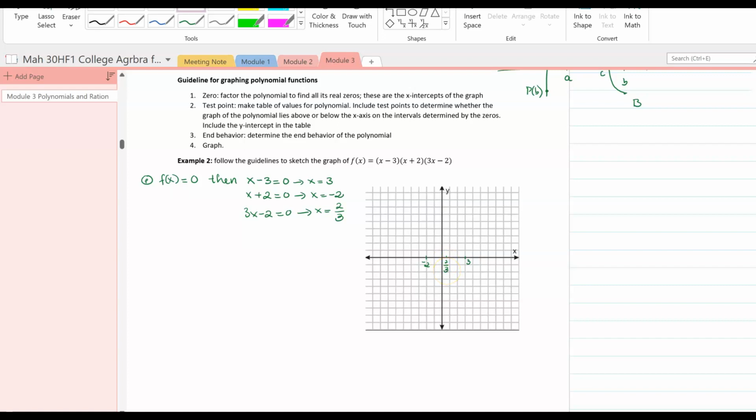Okay. Now while we're here, let's find the y-intercept. The y-intercept is the value of f of x when x equals 0.